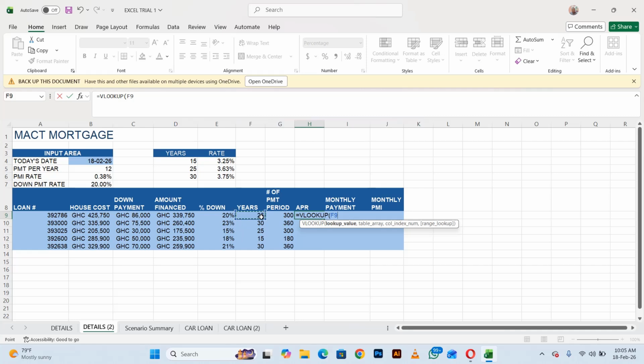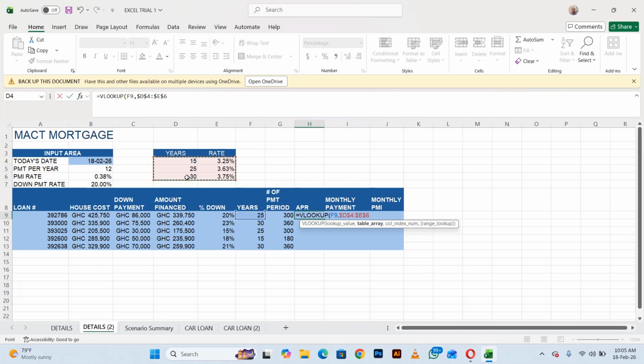So after the years, you bring your comma and then the table array. So the table array is from here to here, and then you lock it because it's outside our table, this very table, and they are not relative. So you lock both the D and then the 4.